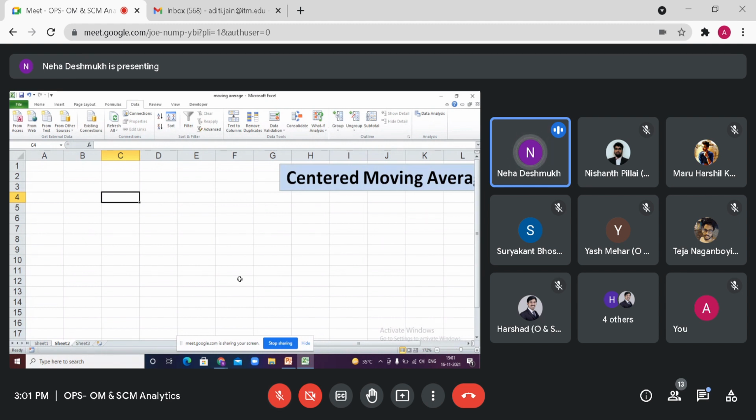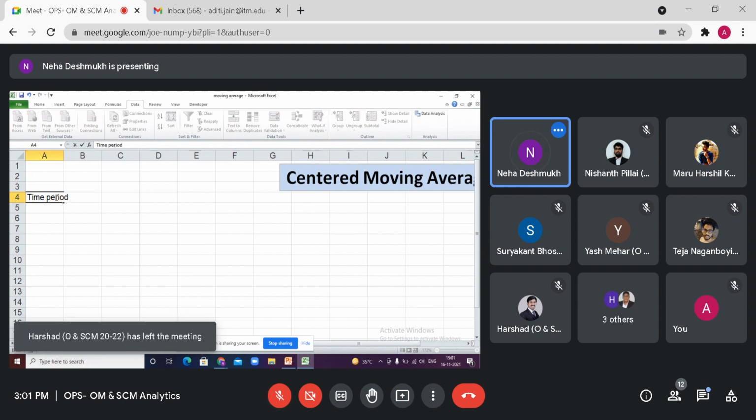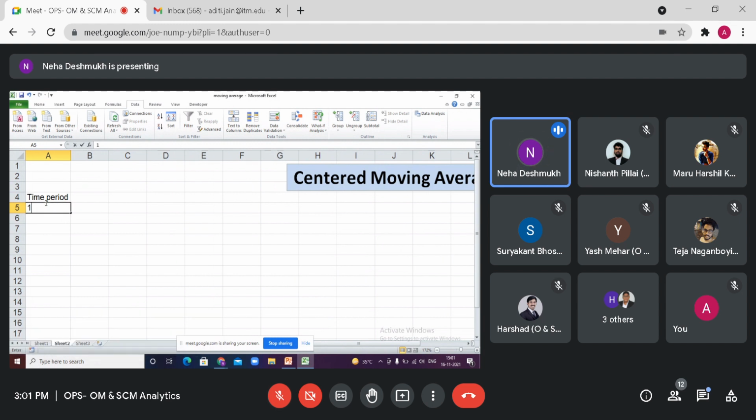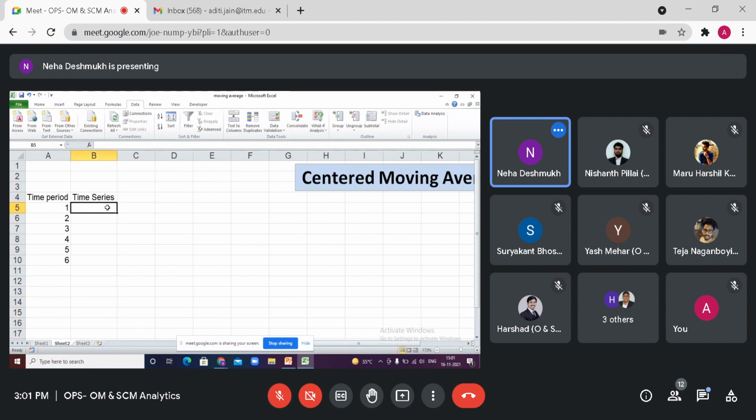Suppose this is the time period and this is the time series data. A 4 period centered moving average is the average of these four values.